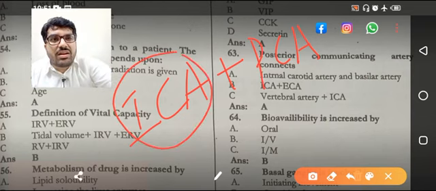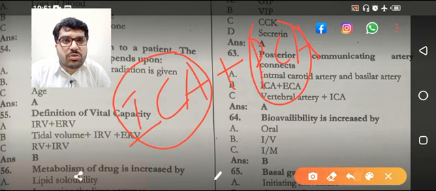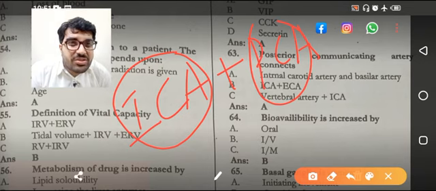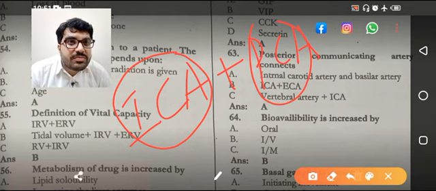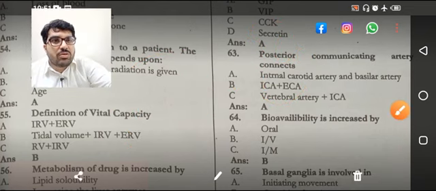Internal carotid artery with the posterior cerebral artery, but above the oculomotor nerve. The right answer is missing. So the posterior communicating artery is a branch of internal carotid artery, so it communicates with the posterior cerebral artery, but above the oculomotor nerve.